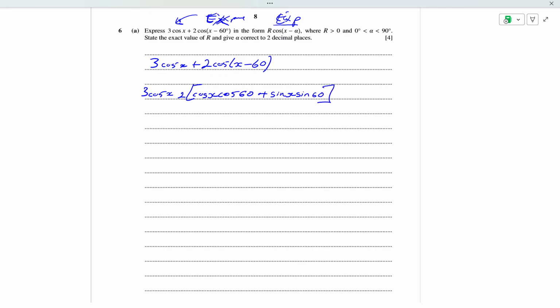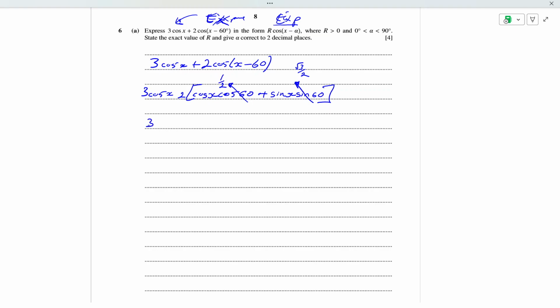And sine 60 would be root 3 over 2, and cos 60 will give you half.